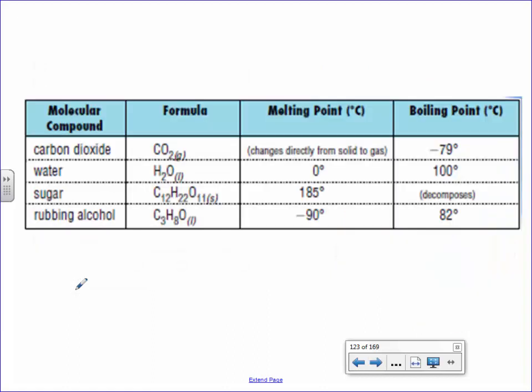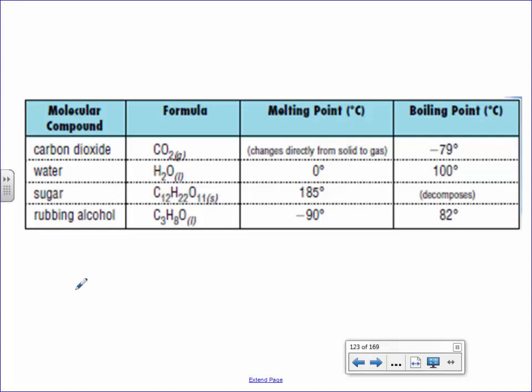I have a slide here showing you a couple of molecular compounds. Carbon dioxide and water are some that you should be able to do. Sugar and rubbing alcohol are a little more advanced because they have three parts to their formulas, and we don't go that far yet. But you'll notice that all of these involve nonmetals. As a general rule, they have relatively low melting points.